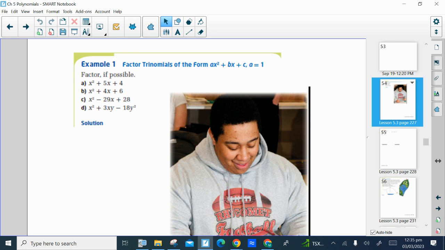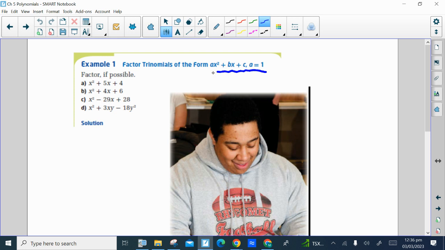So again, these trinomials are said to be in the form ax squared plus bx plus c, where a equals 1. So a is the number in front of the x squared. All the ones that we've done so far yesterday, the number in front of the x squared was a 1 because there was no 1 written there.